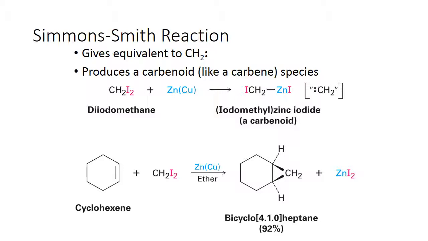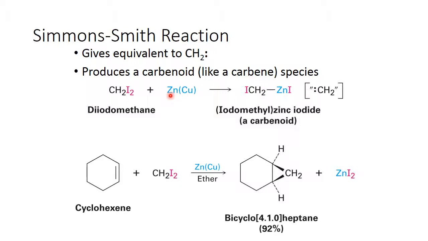Another type of carbene reaction that we have is something called the Simmons-Smith reaction. It gives you something that is equivalent to a carbene. This is a carbenoid. This is not really a carbene, it just acts as if it were a carbene. Let's look at how this is made. The first thing that we have is diiodomethane, and diiodomethane will react with this zinc-copper alloy.